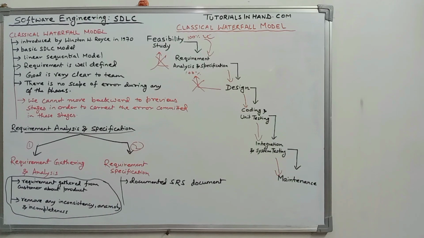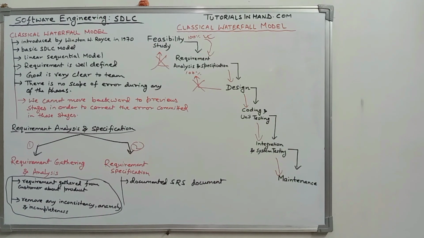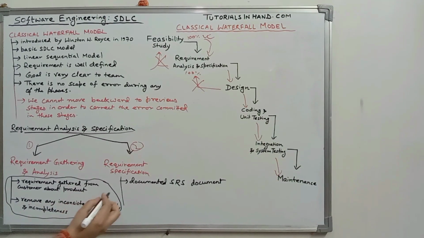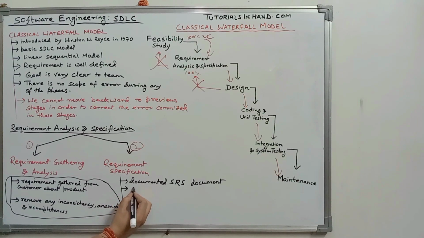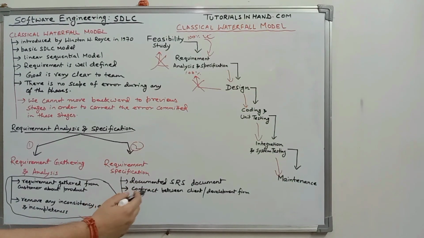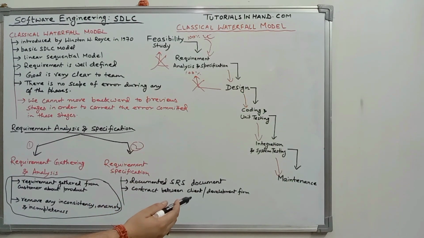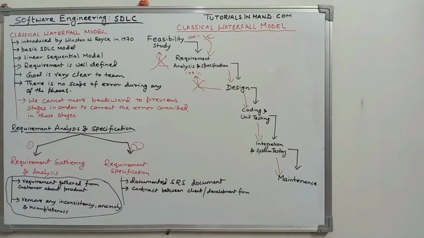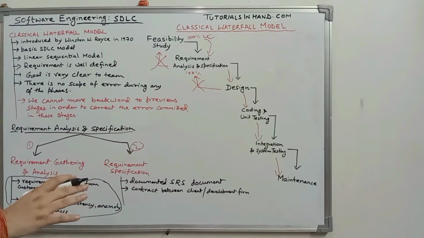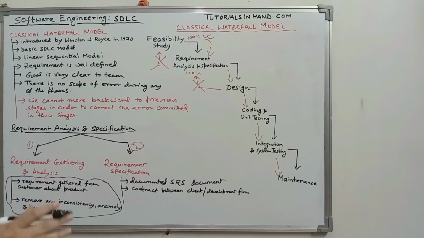SRS document means software requirement specification document, which is considered a contract between the client and the development firm. It states what we want, how we want it, and what the final end product would be, how it should feel and how it should behave. Everything is written in this SRS document, and it is signed by both the development firm and the client.